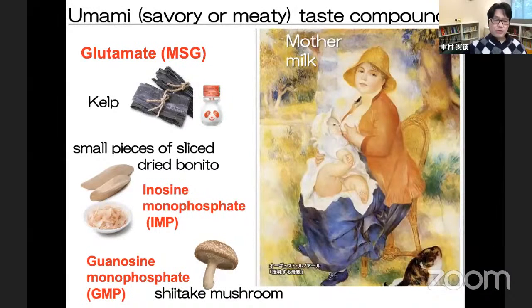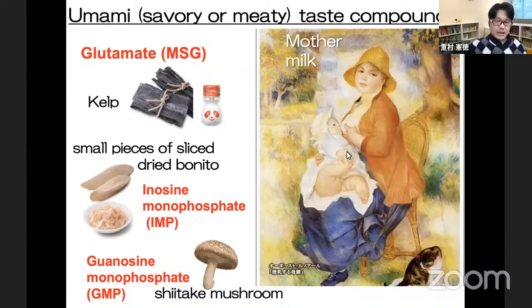Umami is a Japanese word, and umami can be translated as pleasant, savory, or meaty in English. Glutamate is a typical umami substance, which was discovered as a delicious ingredient in kelp by Japanese researcher Dr. Kikunae Ikeda about 100 years ago.